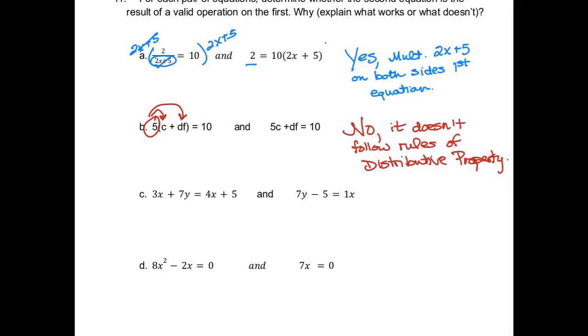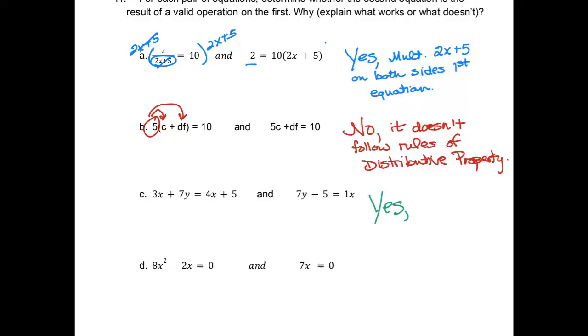All right, letter C. 3x plus 7y equals 4x plus 5. Is there anything we can do to that to get the second equation of 7y minus 5 equals 1? Yes, that is true.